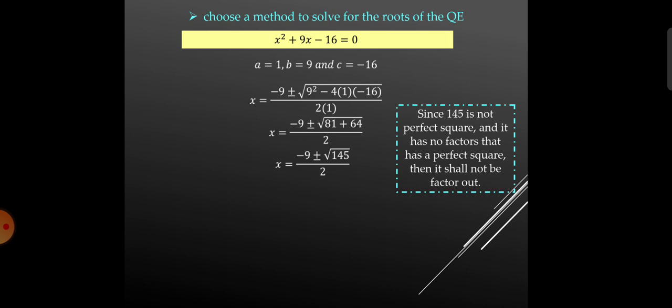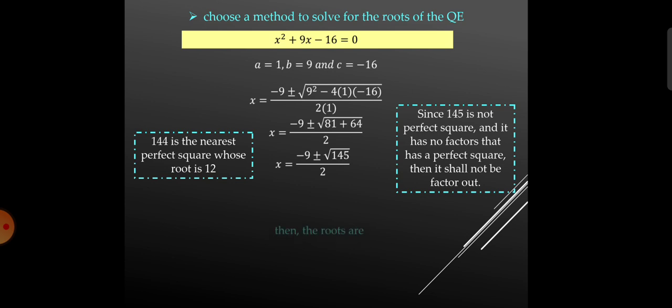Dili siya pwede mabungkag. Kaya nga naman, ang pinakaduol nga perfect square is 144, the nearest perfect square whose root is 12. 12 times 12 is 144. So, lapas gamay, 145. So, understood nga 145 as a discriminant is already considered not perfect square. At the same time, di siya factorable, so di siya pwede mabungkag.